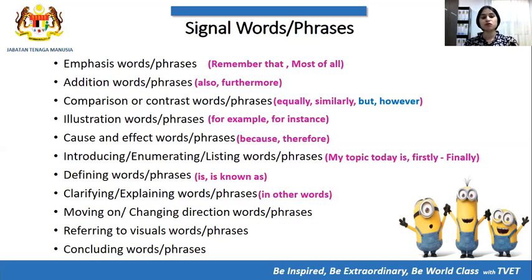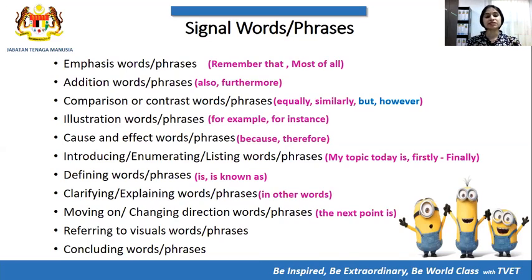Next, moving on or changing direction words or phrases. For example, when you're presenting and you want to move on to the next idea, on the same concept, or you want to change the concept, changing direction, you can use signal words like the next point is and so on.